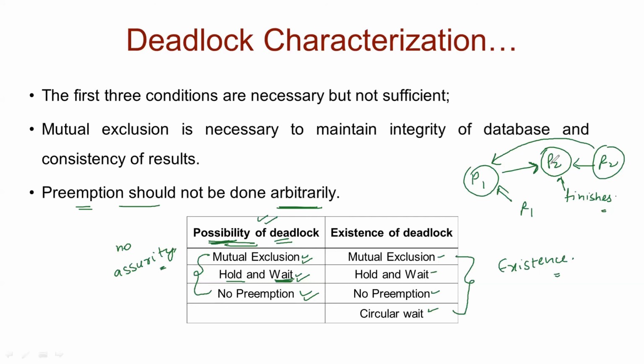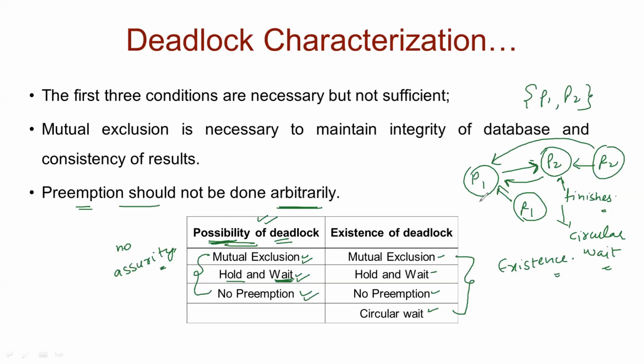P1 may or may not have been waiting for any other process to finish. But now I am saying, yes, P1 is waiting for P2, and let's say P2 is also waiting for P1 to release this resource, R1. Now there is a circular wait. Each of them is waiting for each other to finish. So these two processes, P1 and P2, are deadlocked.